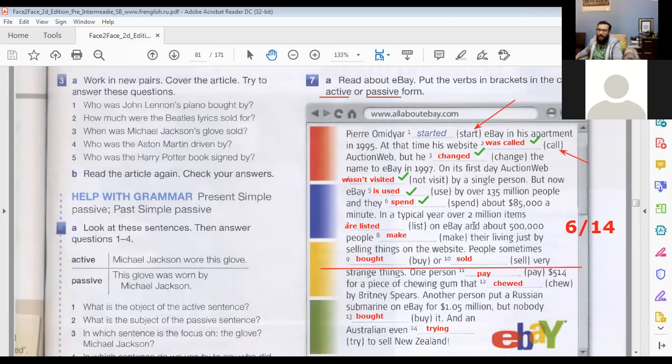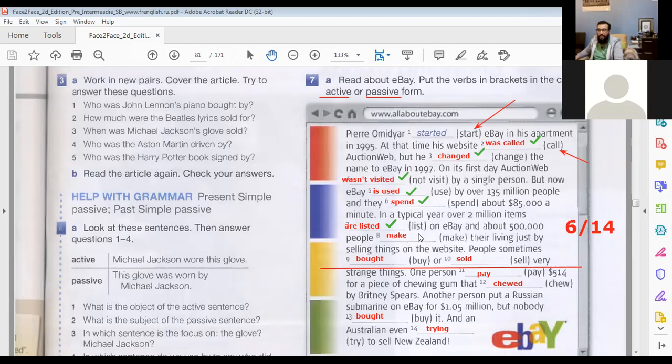All right? And about 500,000 people make their living. Is this correct? Make their living? Are made. Are made. يعني كأن احنا بنقولوا لو بنديروا are made يعني 500,000 شخص يتم صناعتهم. لو قلنا were made تم صناعتهم.